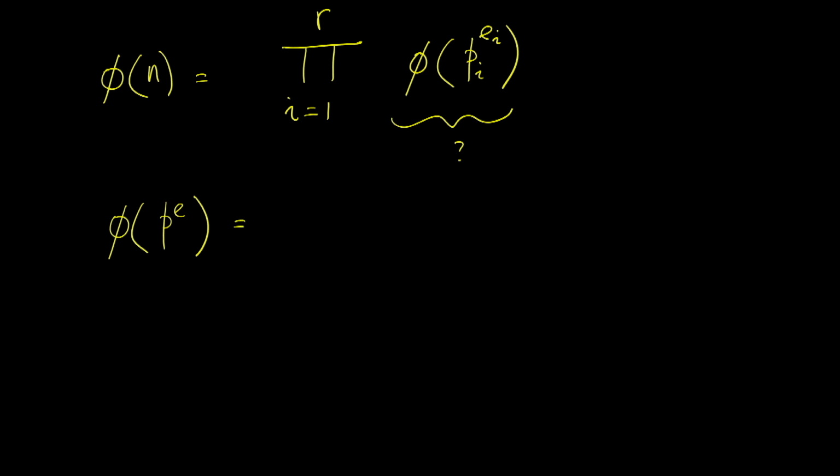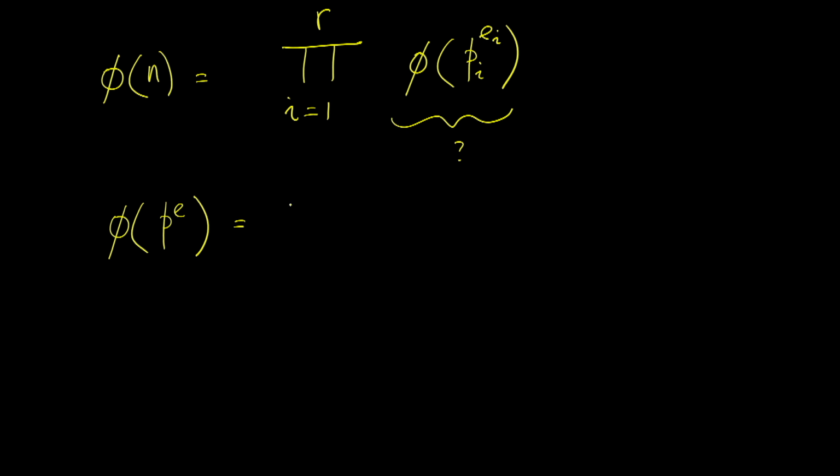Here we consider all positive integers less than or equal to p power e, and from this we remove all numbers that are not coprime to p power e. The size of the resultant set is phi of p power e, that is, we consider the reduced residue system.